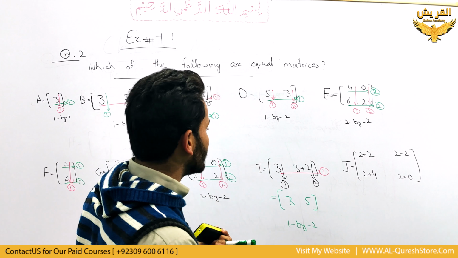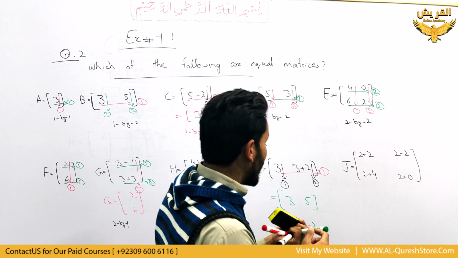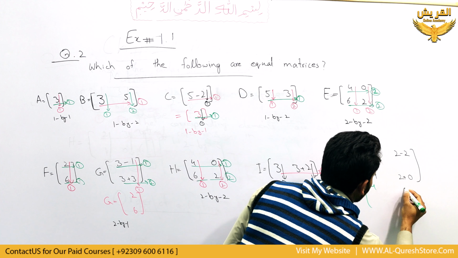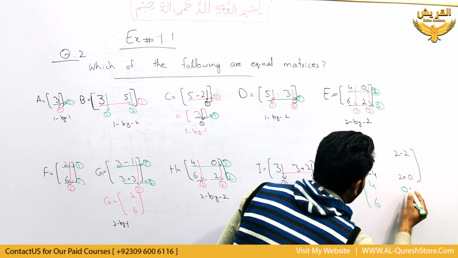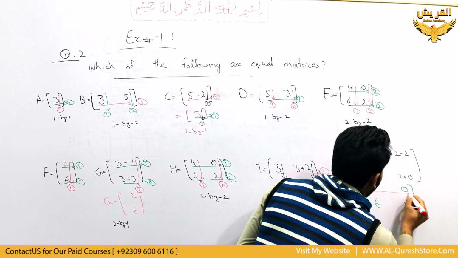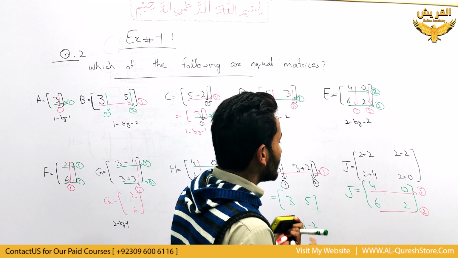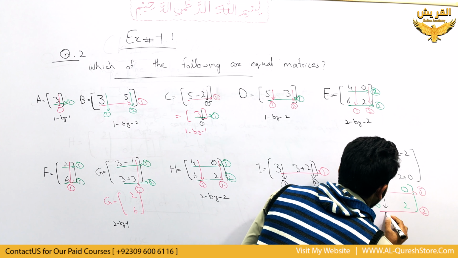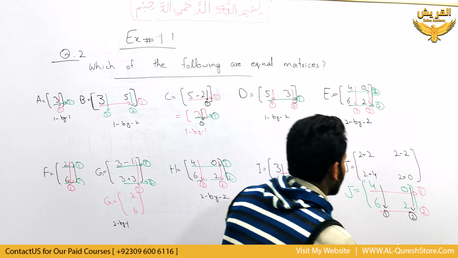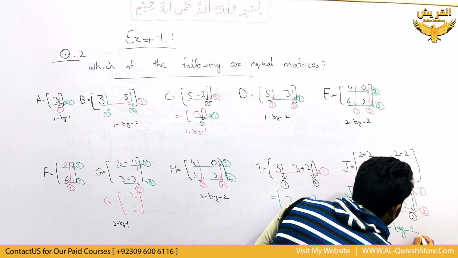See the last one, J is equal to 2 plus 2, 4, 2 minus 2, 0, 2 plus 4, 6 and 2 plus 0, 2. Number of rows in this matrix, row 1 and row 2. Number of columns, column 1 and column 2. So the order of this matrix is 2 by 2.